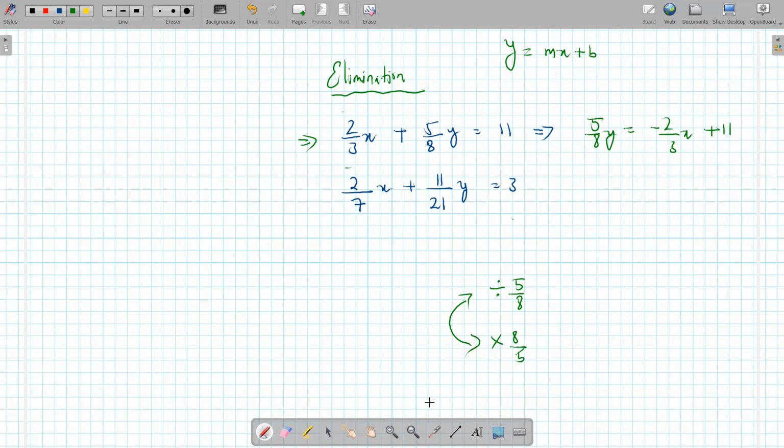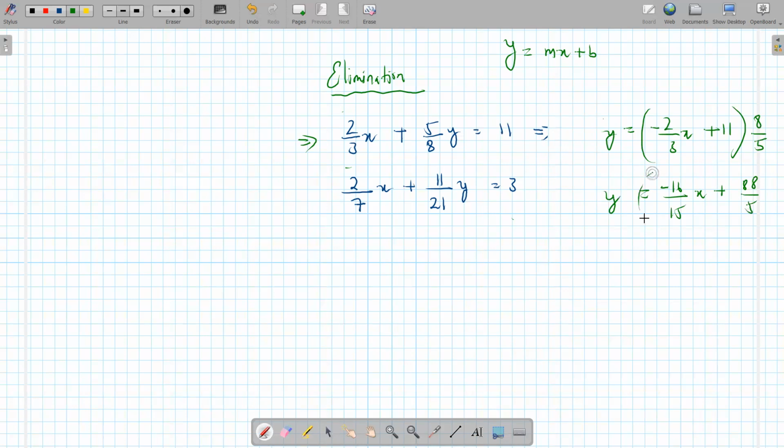So we're going to divide both sides by 5/8, which means we're multiplying both sides by 8/5. Cool? So now we have a fraction times a fraction. Negative 2 times 8 is negative 16. 3 times 5 is 15. So you get this, and then you'll get 88/5, and there you go.